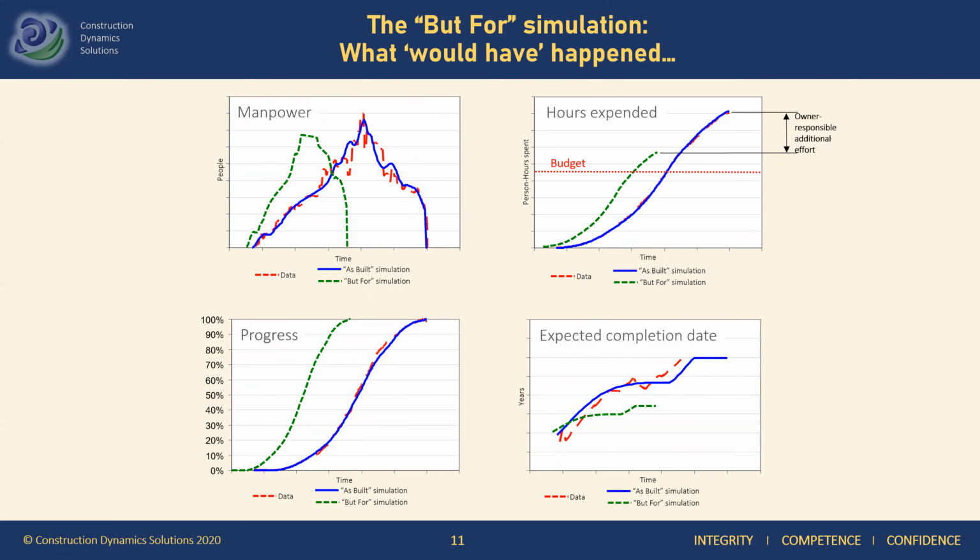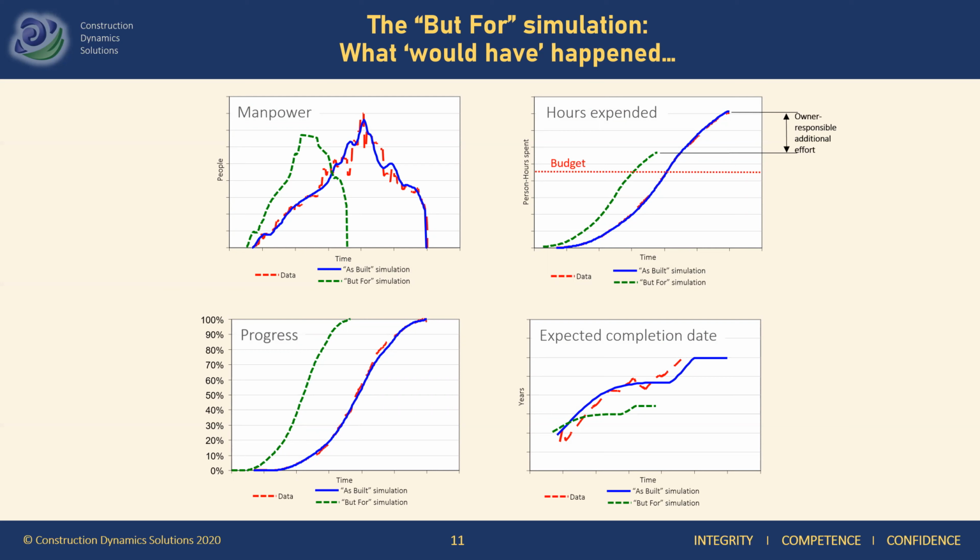All the disruptive events, the underestimations, under-execution, all of that is still included in the but-for simulation. So, as you can see, system dynamics is not a method to blame everything on the other party, but rather a method to fairly assess the responsibility of each one.